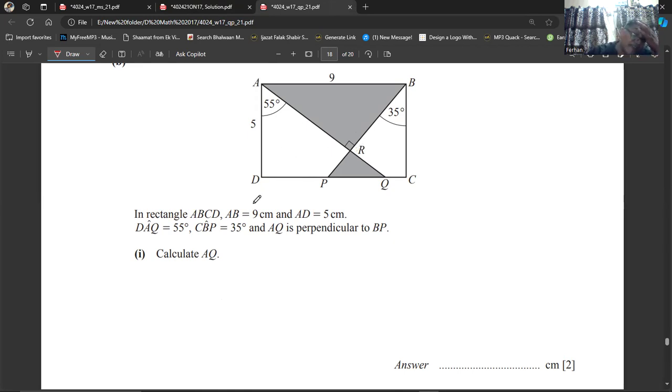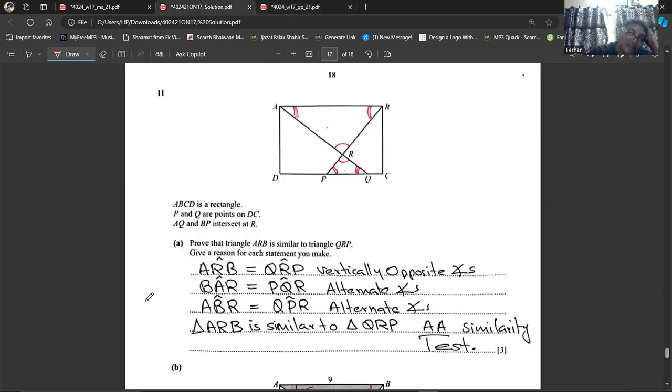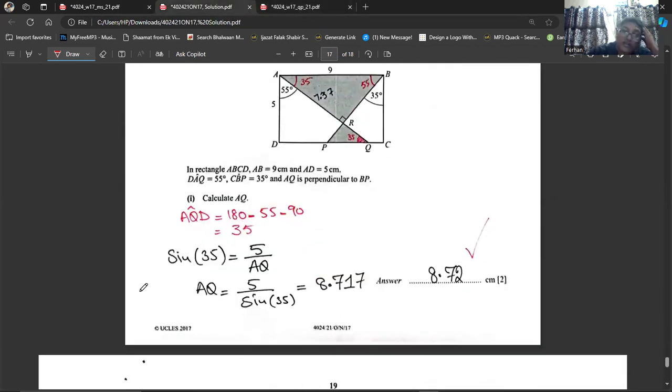I can use this triangle ADQ and find AQ very easily. First of all I find this angle. You can use the other angle also, there will be no problem, but I use this angle. This angle will be 180 minus 90 minus 55, which is 35.